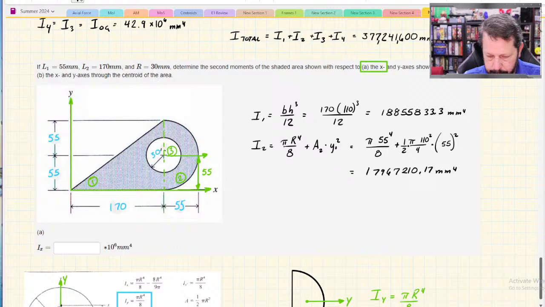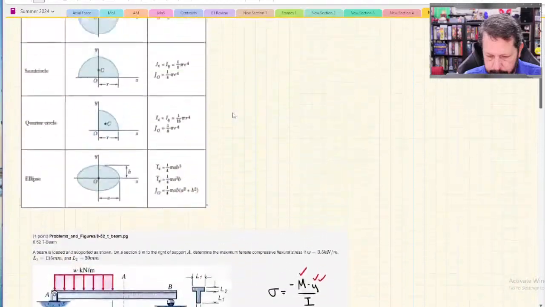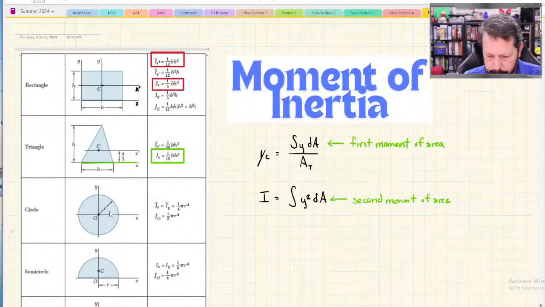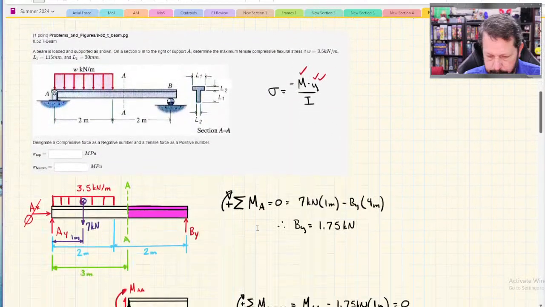Okay. Now we need I3. I3 is a hole, so it's going to have a negative, and it's a circle. So let's go see what a circle is. Doesn't really matter what axis because it's a circle. It does matter where the axis is located, but it says that X and Y through the centroid, they label it the origin in this case, but through the centroid are pi r to the 4th over 4.